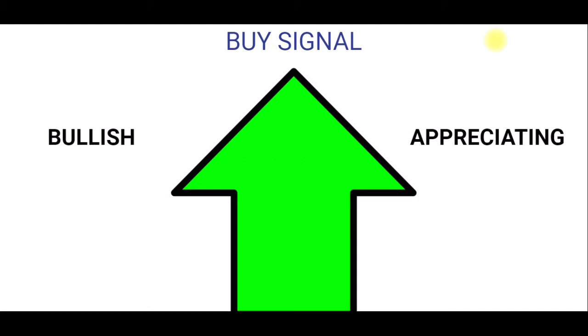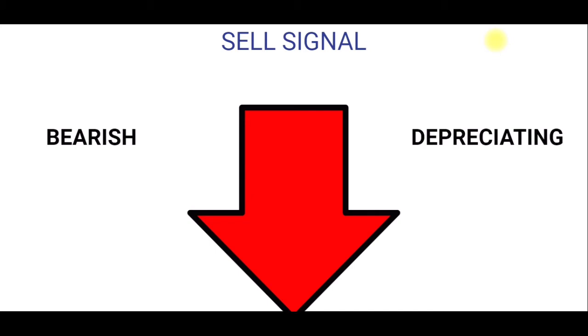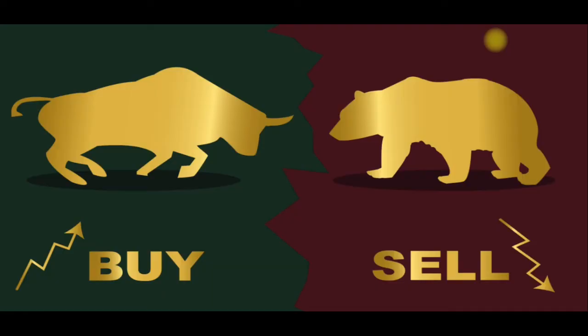Now, if we were to talk about a sell signal, then we would see a down arrow, and that arrow will represent a depreciation in value, also known as a bearish trend or a bearish signal. We can see these symbols are also represented by animals as well. There's also a color usually associated with the signals.